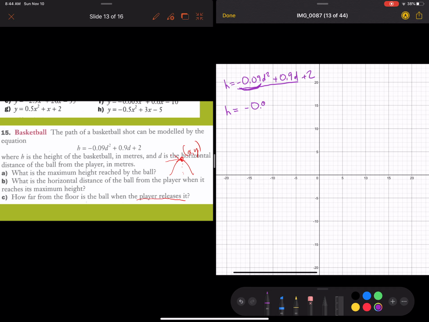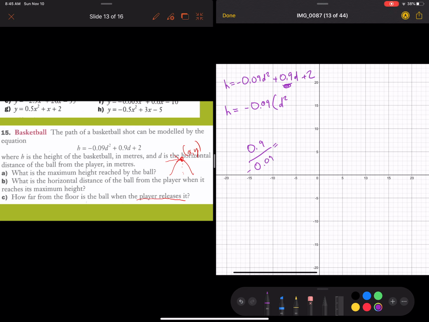We're left with d squared. Now we have to take out 0.09 from the middle term. How do we do that? We take our value here, 0.9, and divide it by negative 0.09.